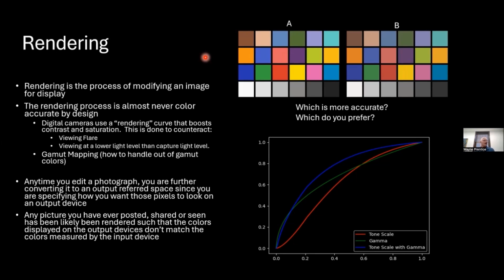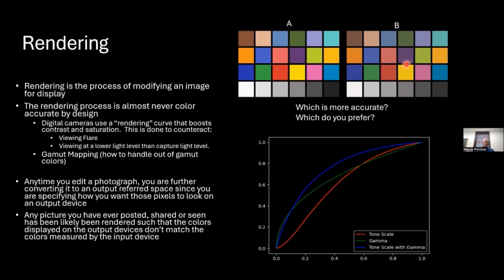The one on the left has gone through a rendering. And what I mean by rendering here is, by design, the input color space and the output color space almost never match. In this particular example, I would say that A is probably preferred over B. A looks a little snappier. B looks a little muted, a little off. And so why does A look better when B is really the more accurate representation?